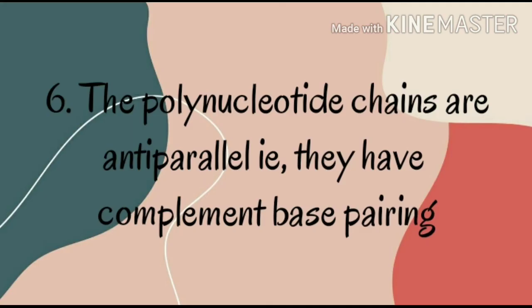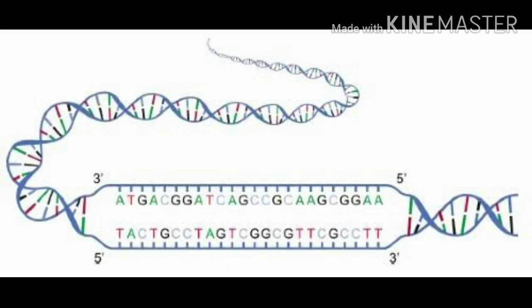The polynucleotide chains are antiparallel, and they have complementary base pairing. Antiparallel means if one chain starts from 5' and ends in 3', the next chain will start in 3' and end in 5', and in between are the nitrogen bases.